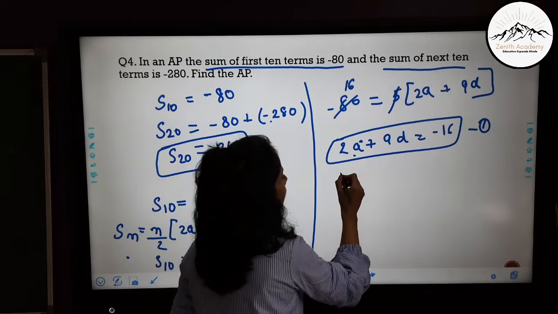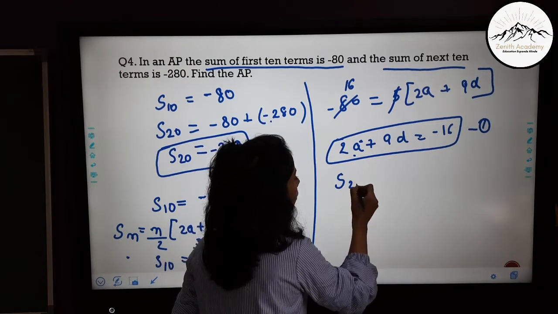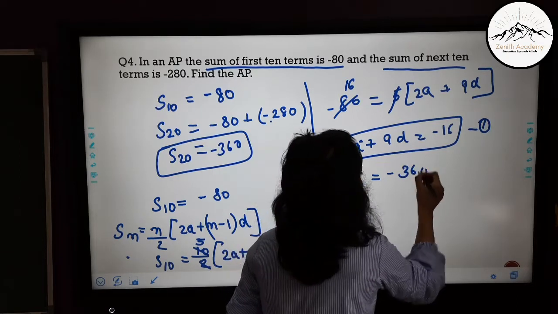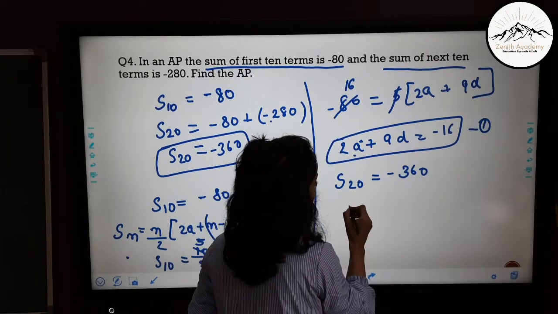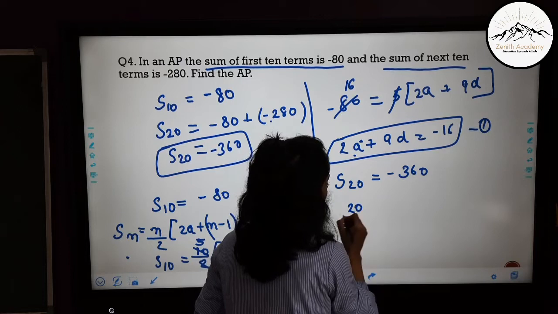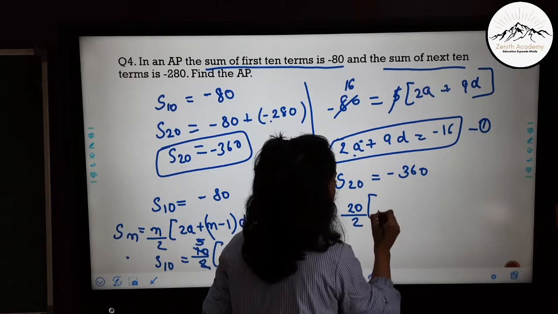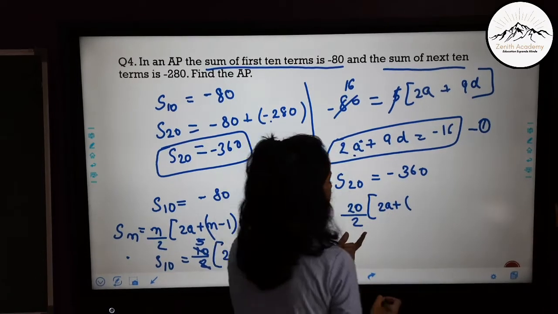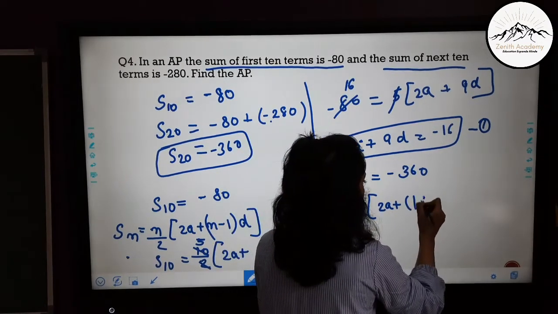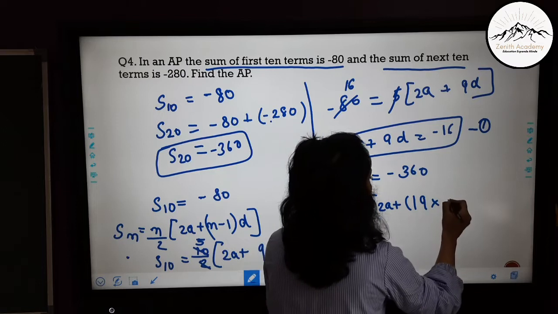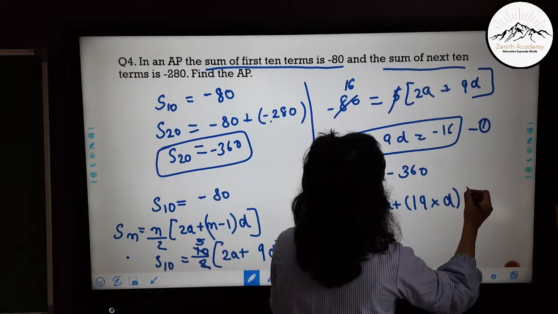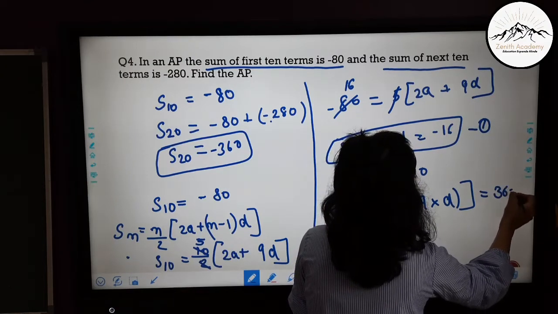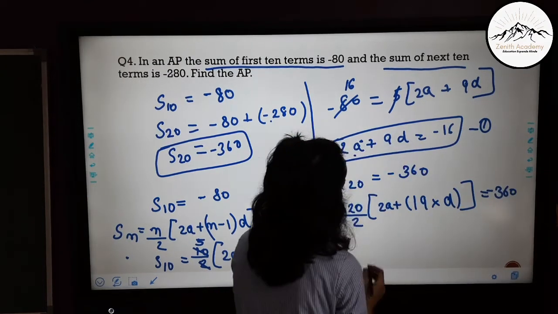Now S20 is equal to minus 360 we know. So writing this in the similar manner, 20 by 2, 2a plus 20 minus 1 we know as 19 into d is equal to minus 360.